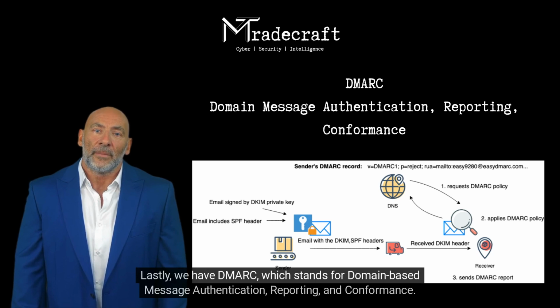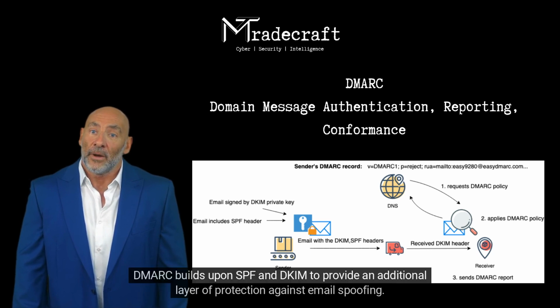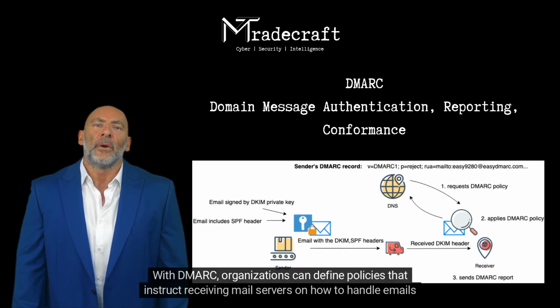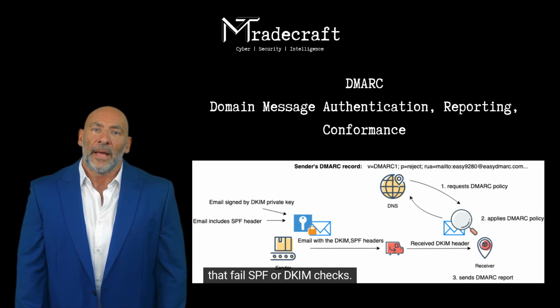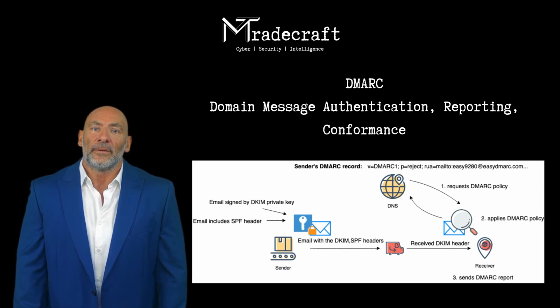Lastly, we have DMARC, which stands for Domain-Based Message Authentication, Reporting, and Conformance. DMARC builds upon SPF and DKIM to provide an additional layer of protection against email spoofing. With DMARC, organizations can define policies that instruct receiving mail servers on how to handle emails that fail SPF or DKIM checks.